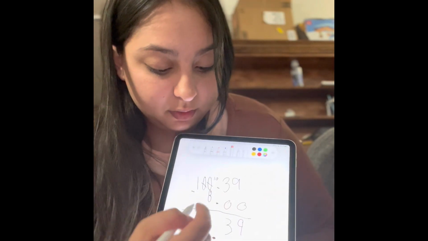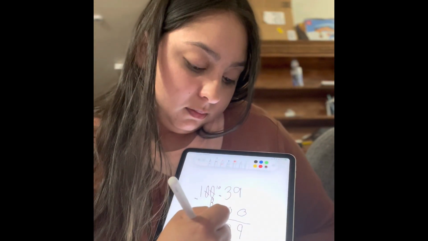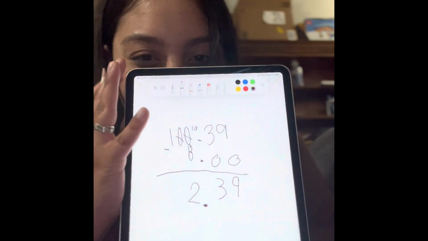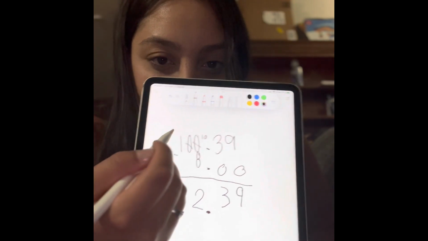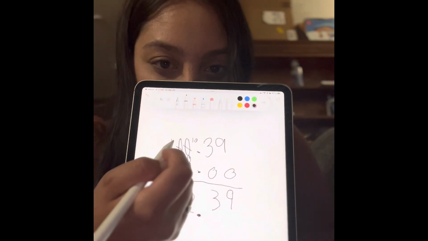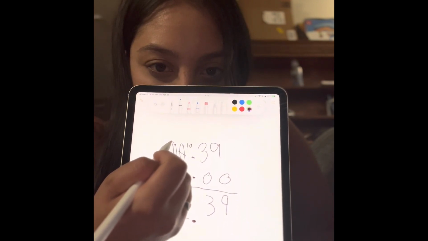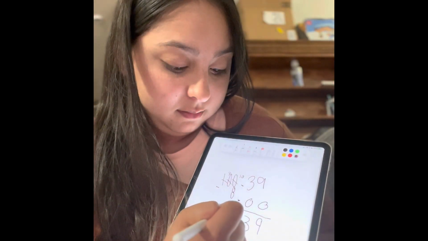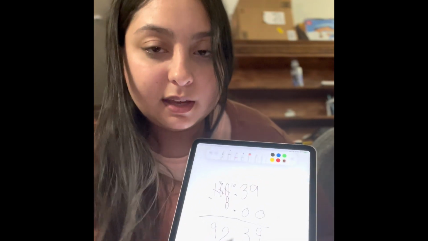Oops, I am writing the wrong number. And so if we're borrowing from here, you can't just have a 0 in the 100 over here. So you have to borrow from this one. This one becomes a 9. So you have to bring down the 9. So you have 92 and 39 hundredths.